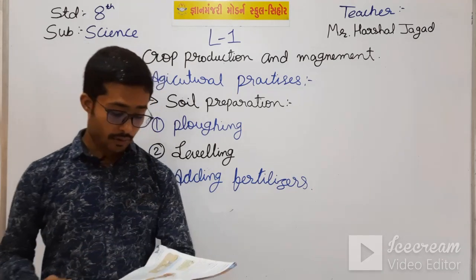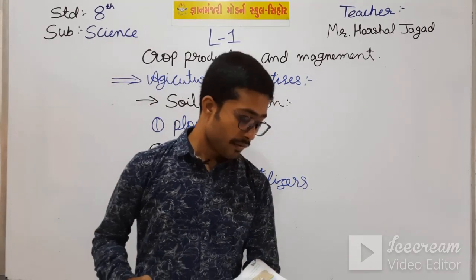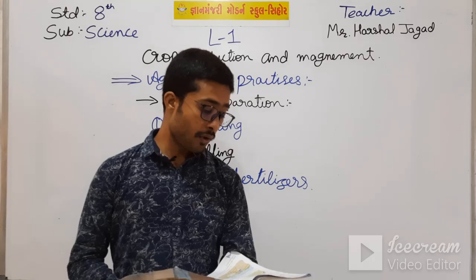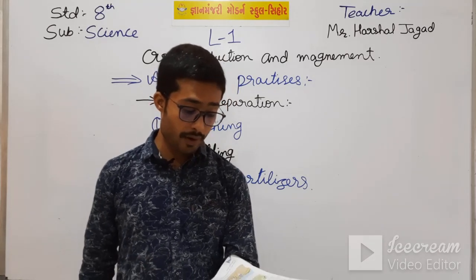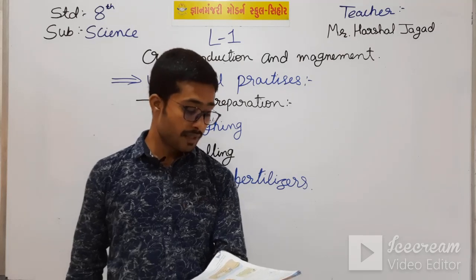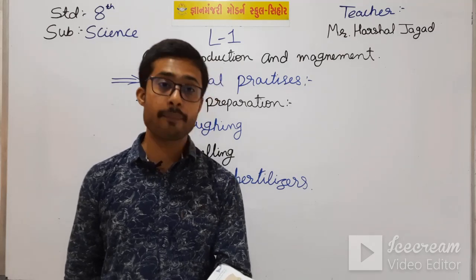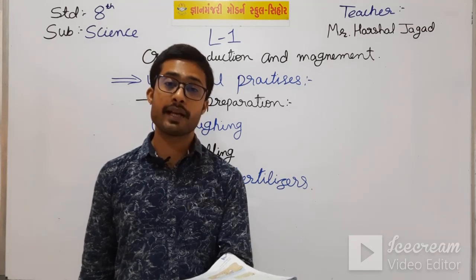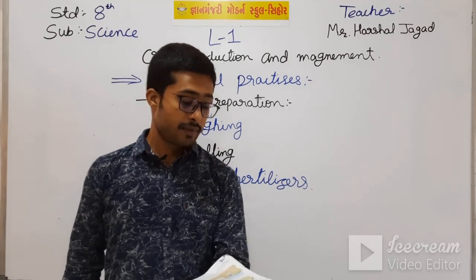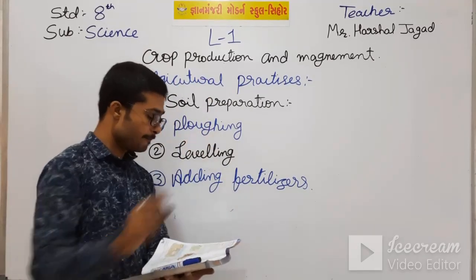So, soil preparation. Plants grow in soil, therefore it is very important to prepare the soil before we start growing. Soil preparation is the first step in agriculture. Many steps are involved in preparing the soil. First is ploughing.